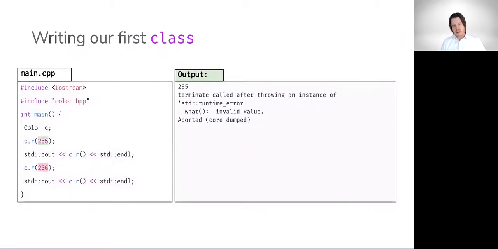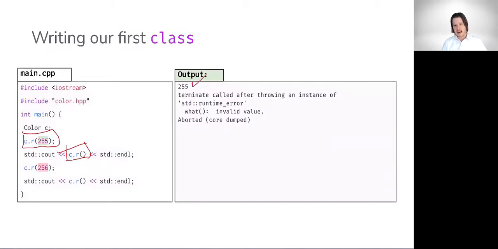And to finish up this lesson, I want to show this additional example of how we can ensure that whenever an assignment is being made to any of our data members, a valid value is indeed being assigned to them. So in this case, I can make an assignment to C's R. I'm going to do that through the mutator, and I'm going to confirm it by just printing the value out to standard output.